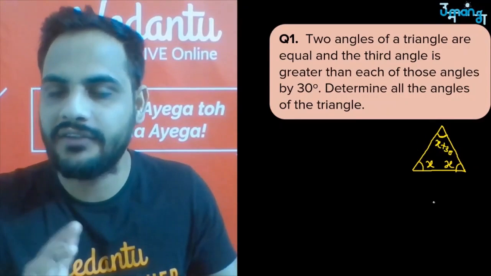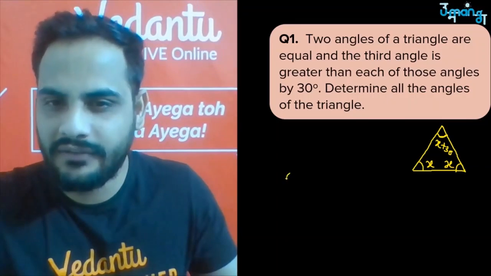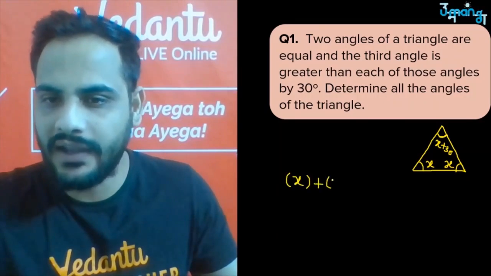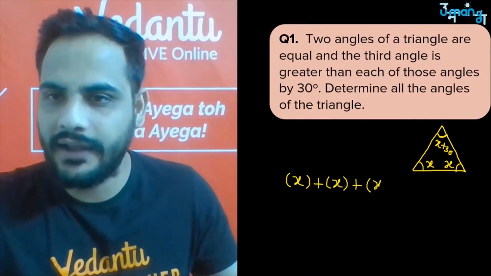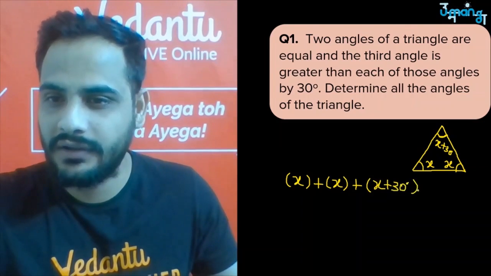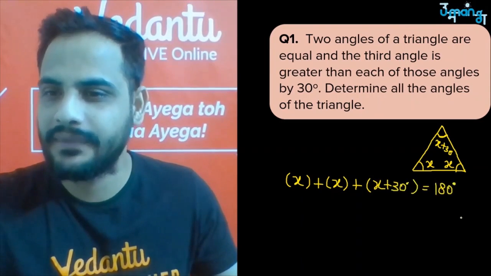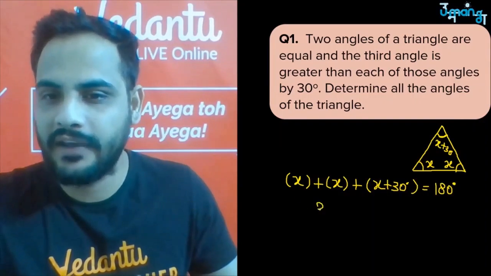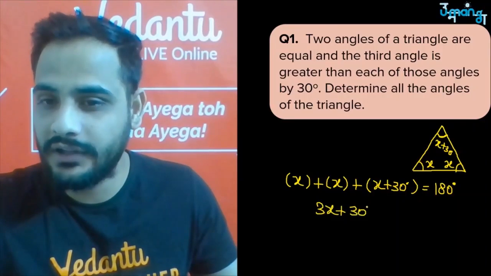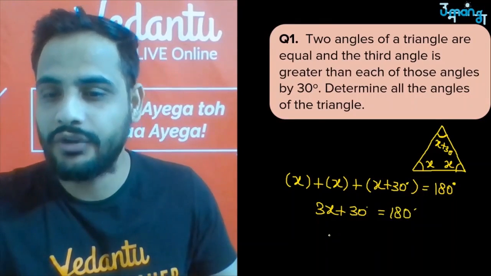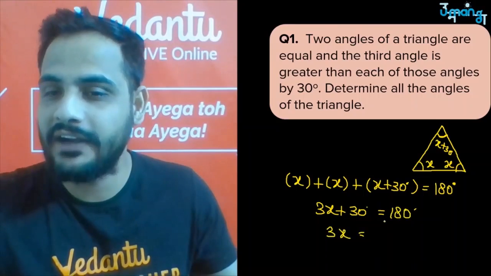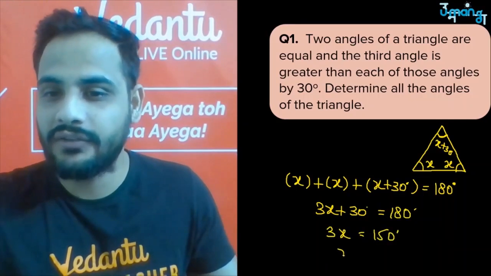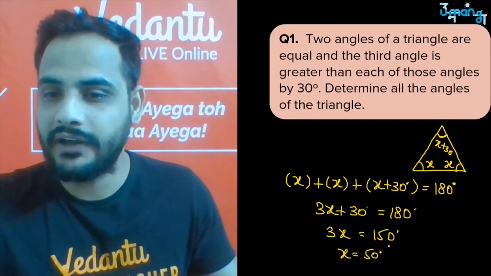Now I know the angle sum property: the sum of the three angles is 180 degree. So the first angle is x, the second angle is also x, and the third angle is x plus 30, which should be equal to 180 degree. So x plus x plus x, 3x plus 30, is equal to 180 degree. So 3x is equal to 180 minus 30, which is 150. So x is equal to 50 degree.